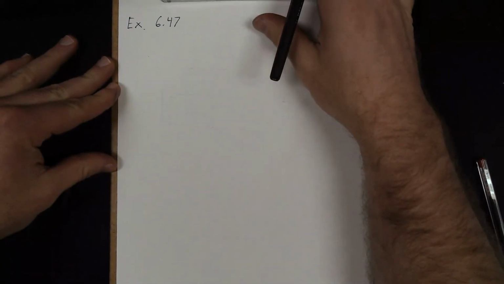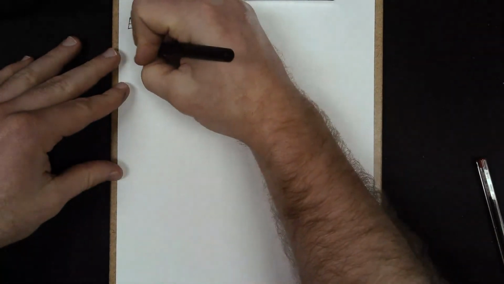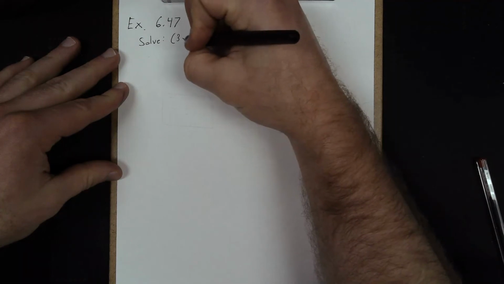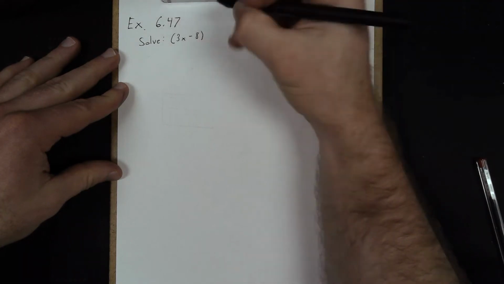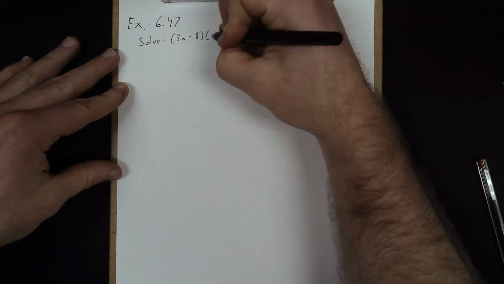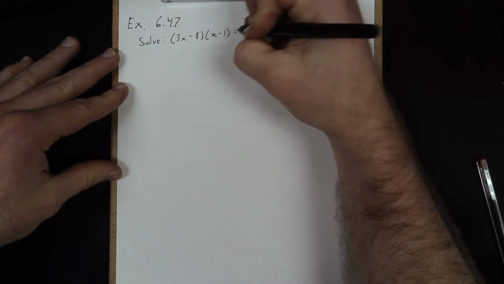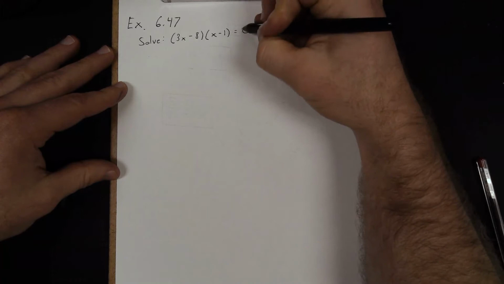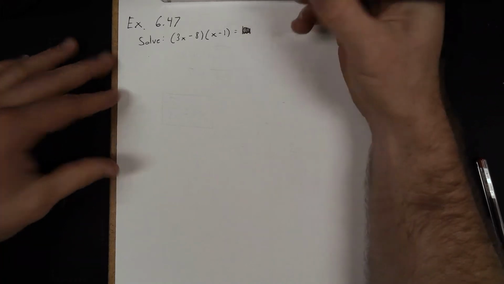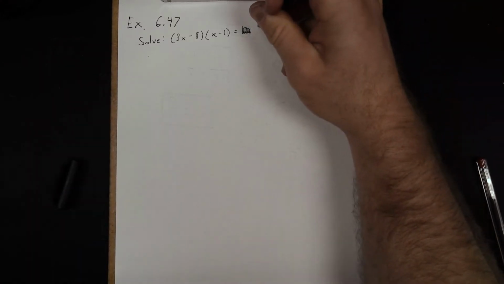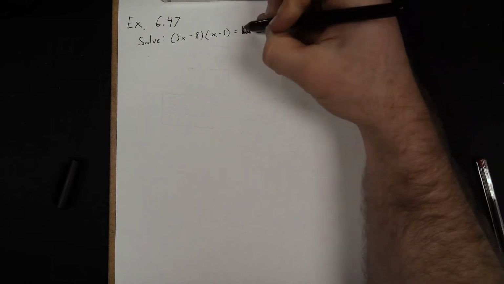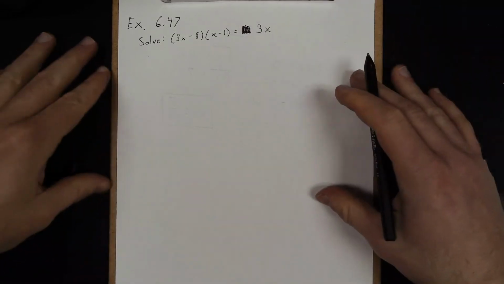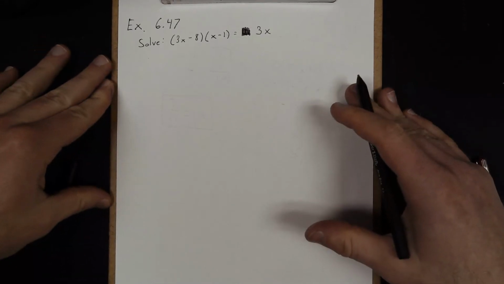So, example 647, we are solving 3x minus 8 times x minus 1 is equal to 0. Nope. Sorry. It's equal to 3x. All right, long day, long day.